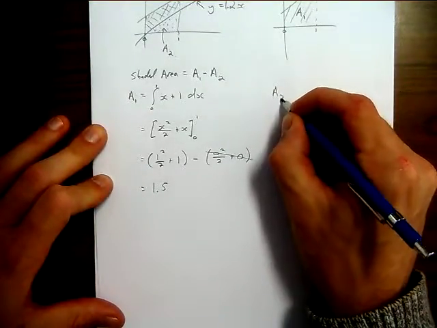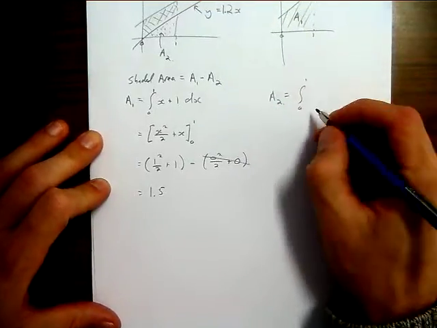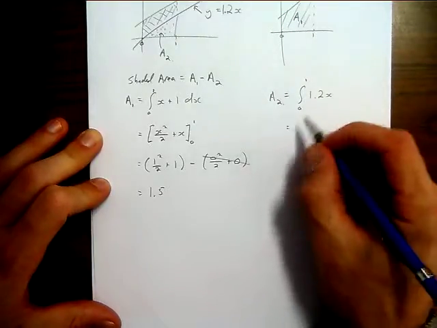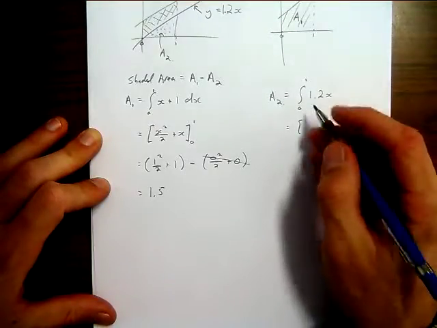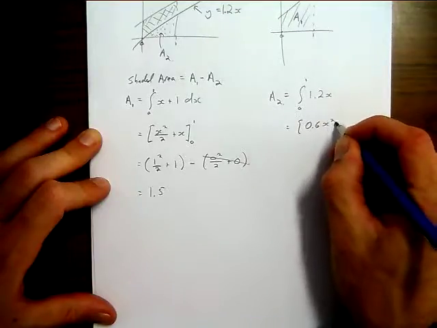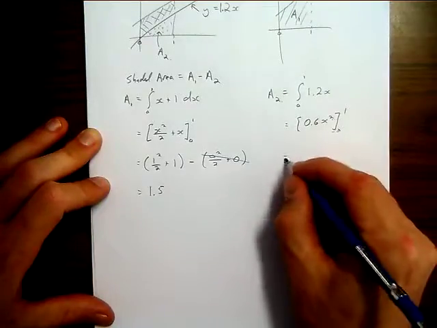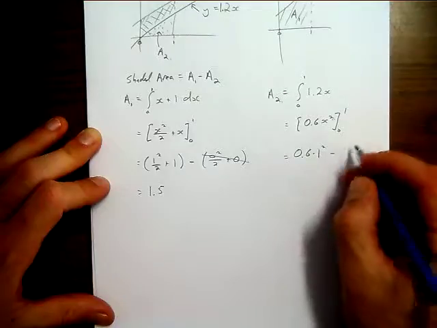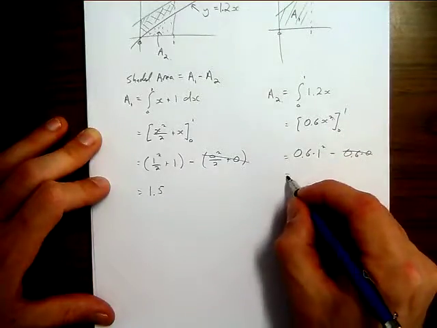Area 2 is the integral from 0 to 1 of 1.2x, which is, the integral of 1.2x is 0.6x squared. Increase the index by 1, divide by 2, from 0 to 1, which is 0.6 by 1 squared take 0.6 by 0, so that's 0, so we have 0.6.